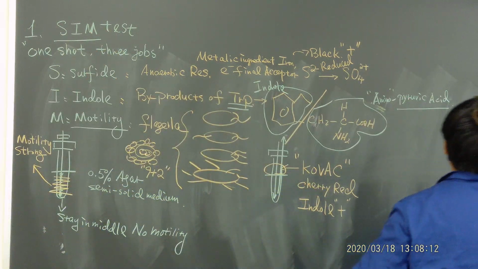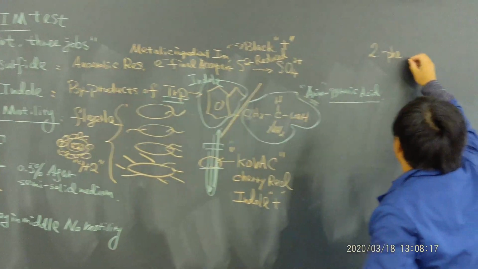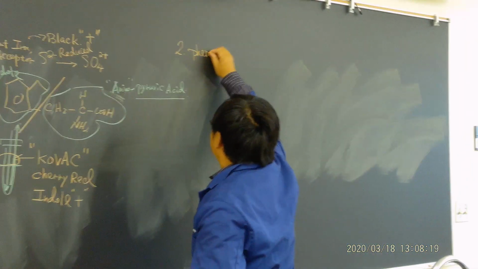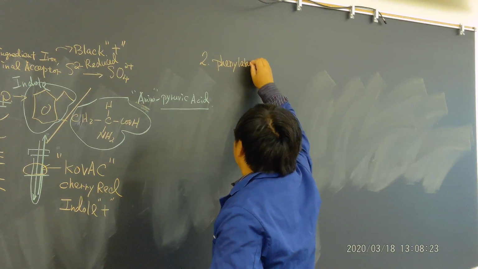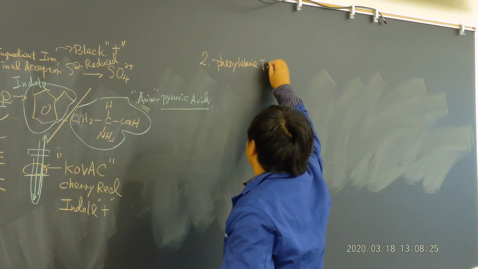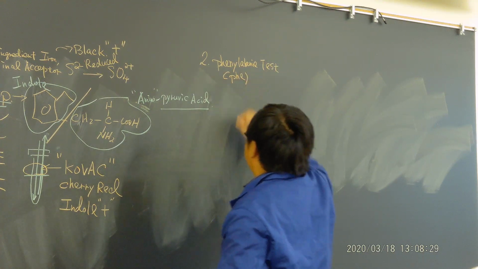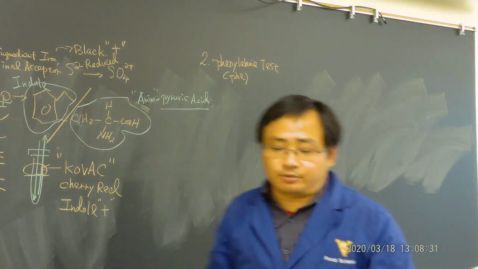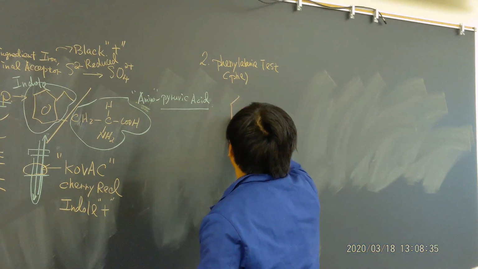Okay, second thing, we call it the phenylalanine test, or to make it easier, the PHE test. That is another example of some of the bacteria using amino acids. So what is phenylalanine?